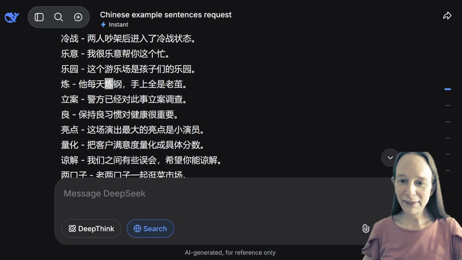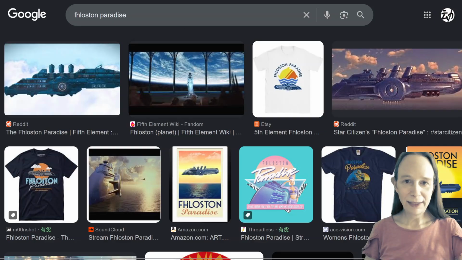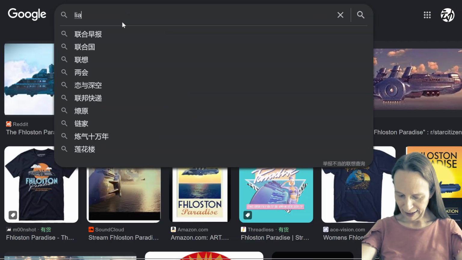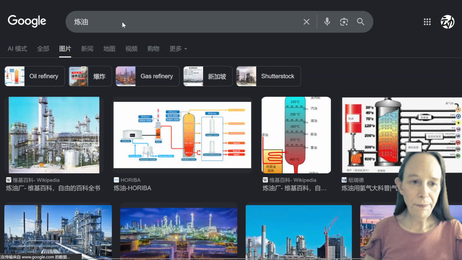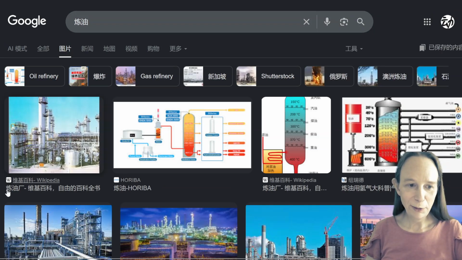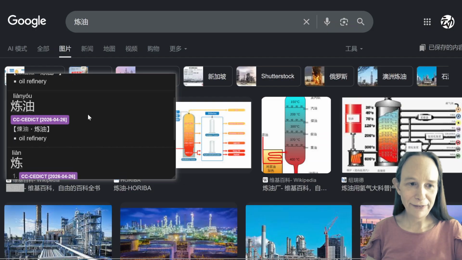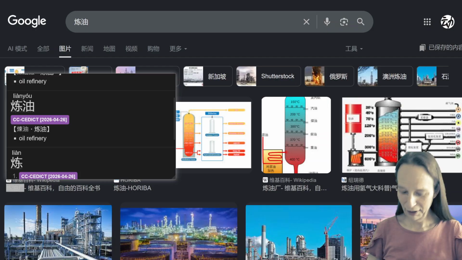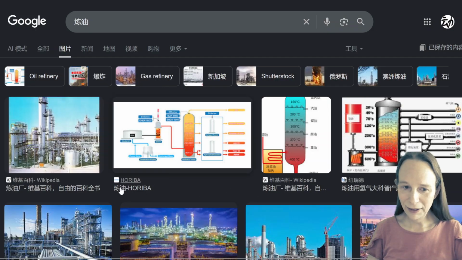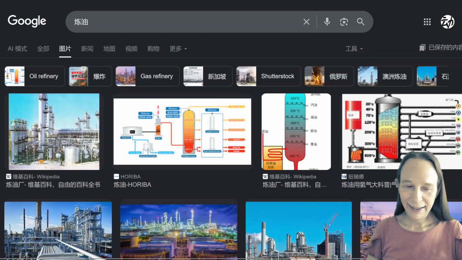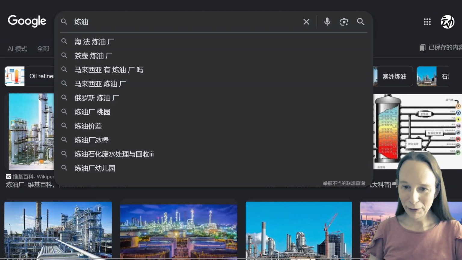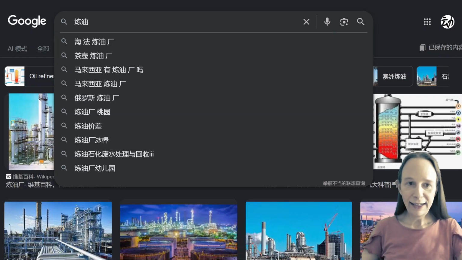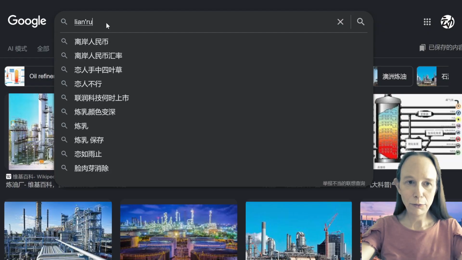Wow, there's a lot of examples. Let's go to Google image search. So 炼油. What is 炼油? I don't know. 炼油厂, oil refinery. So 炼油 is a verb, right? To refine oil. So we're refining oil. 炼乳.